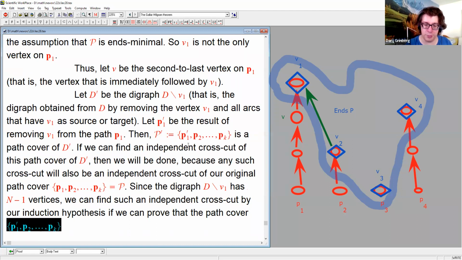Let me call it P prime. So P prime is P without this vertex V1. Let's see if I can draw this too.